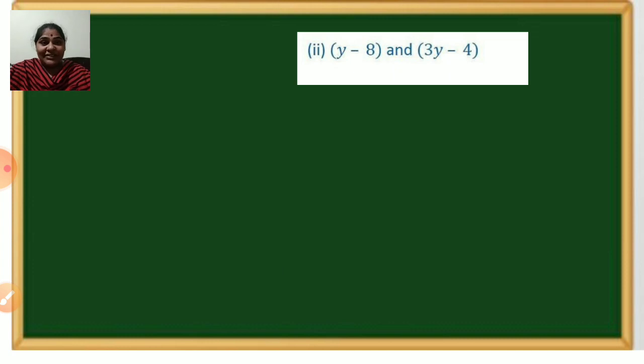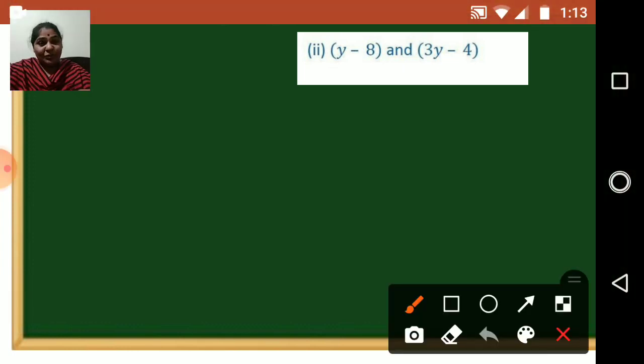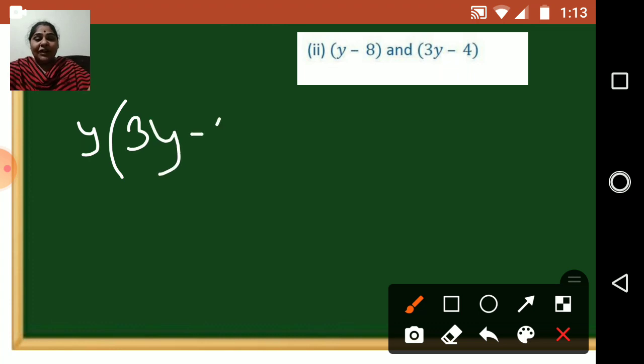So second one, children, y minus 8 and 3y minus 4. I hope now you people understood. So let us begin with the first term from the first expression. Take y multiplied by 3y minus 4. Now in the first expression it is negative 8.